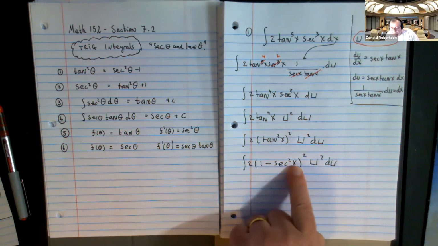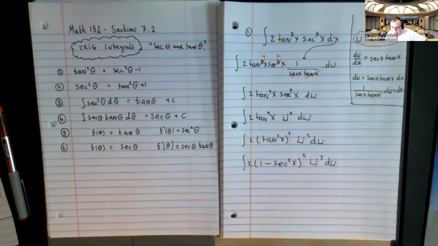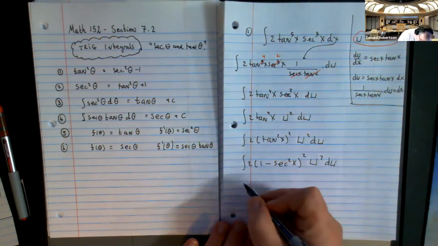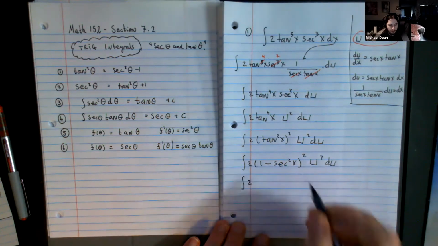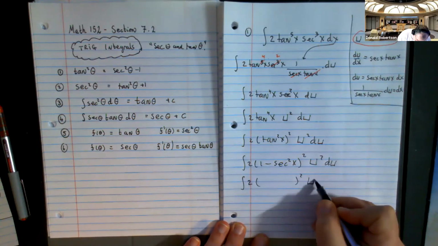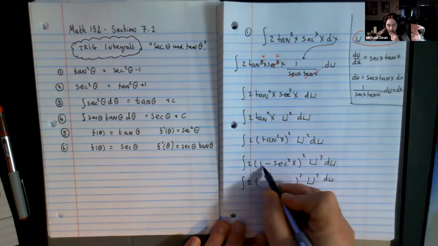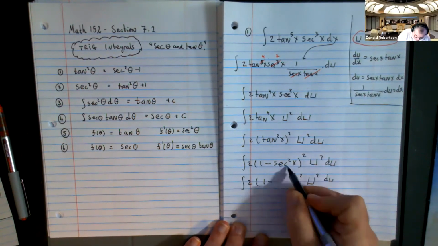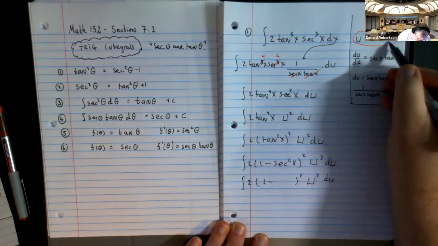What's going to happen here? Foiled. Oh, not quite yet, but that is coming. Before that happens, what's going to happen? This is going to become 1 take away what? U squared.